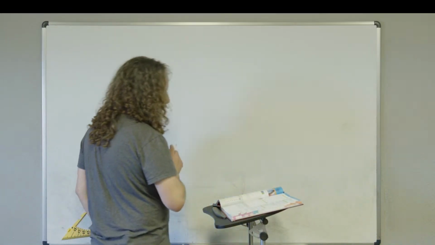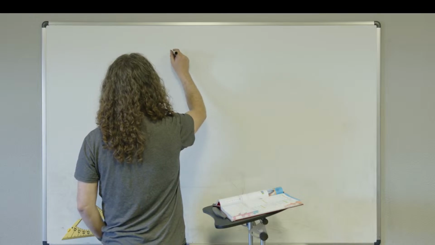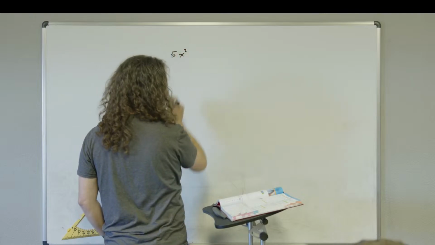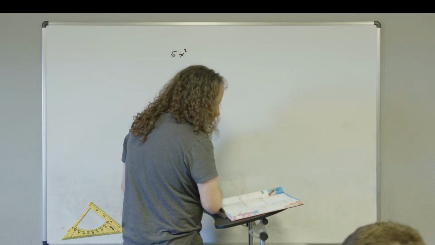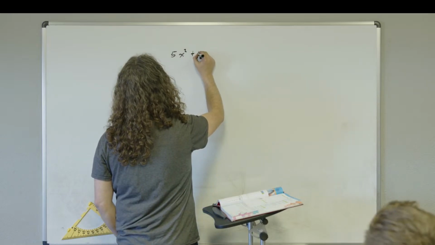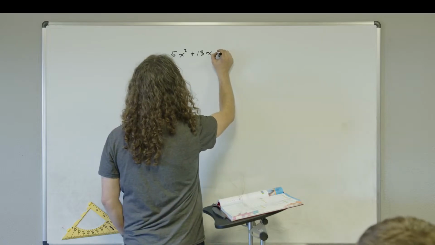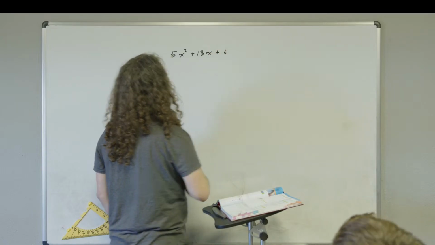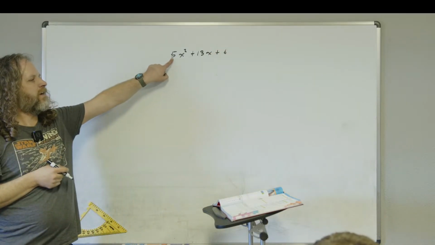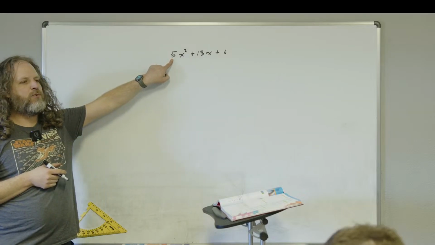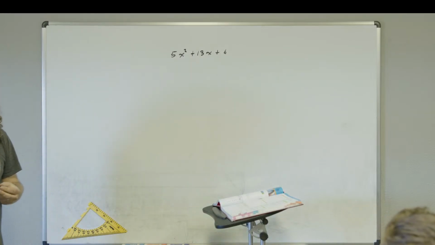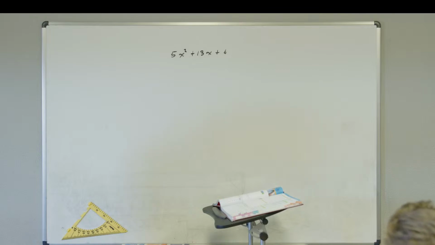We're going to factor 5x squared plus 13x plus 6. All right, so there's not a 1 here this time. Okay. So we start the same way.